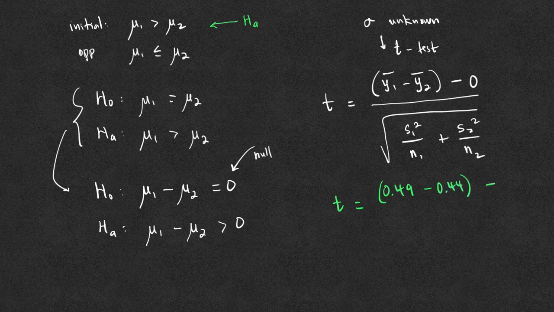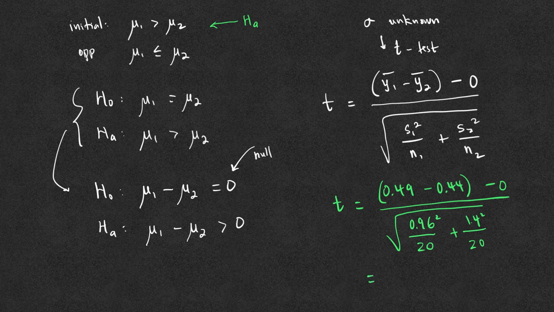Minus the null value 0, over the square root of s sub 1, the standard deviation from the first sample, 0.96, which we square because in the formula it is squared, divided by n sub 1, the sample size from the first sample, plus s sub 2, the standard deviation from the second sample, 1.4, squared, divided by n sub 2, the sample size from the second sample.